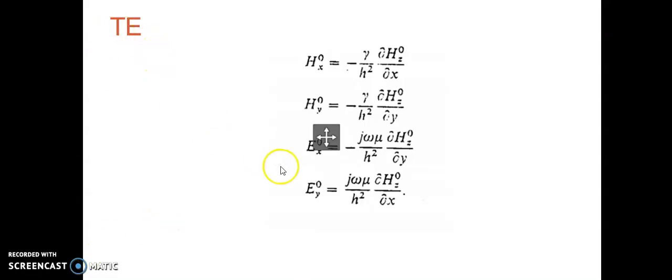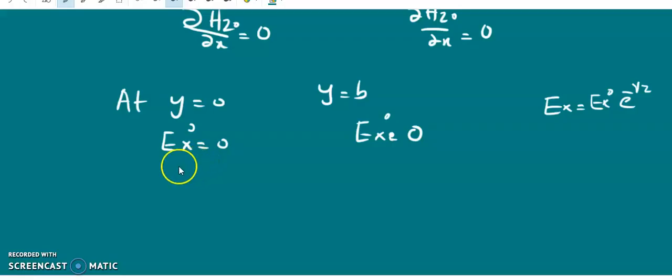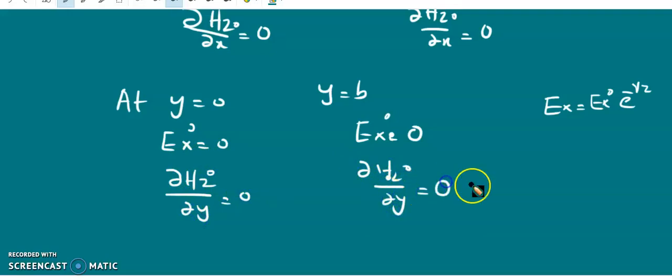And from this equation for TE waves, we can see that when Ex0 is equal to 0, ∂Hz0/∂y is also equal to 0. So at y equal to 0 and y equal to b, ∂Hz0/∂y equal to 0. So this is the second boundary condition.